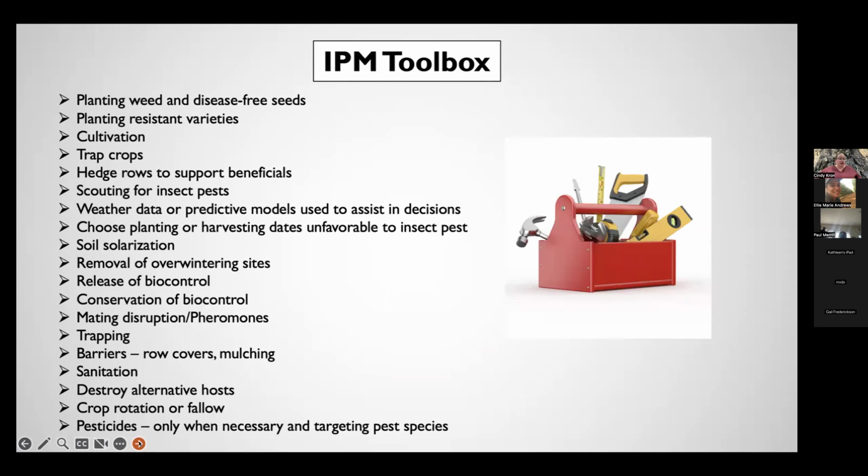Now, this is not all the tools available to us, but planting weed and disease-free seeds, planting resistant varieties, cultivation, trap crops, hedgerows to support beneficials, scouting for insect pests, weather data or predictive models used to assist in decisions. Choose planting or harvesting dates unfavorable to the insect pest.